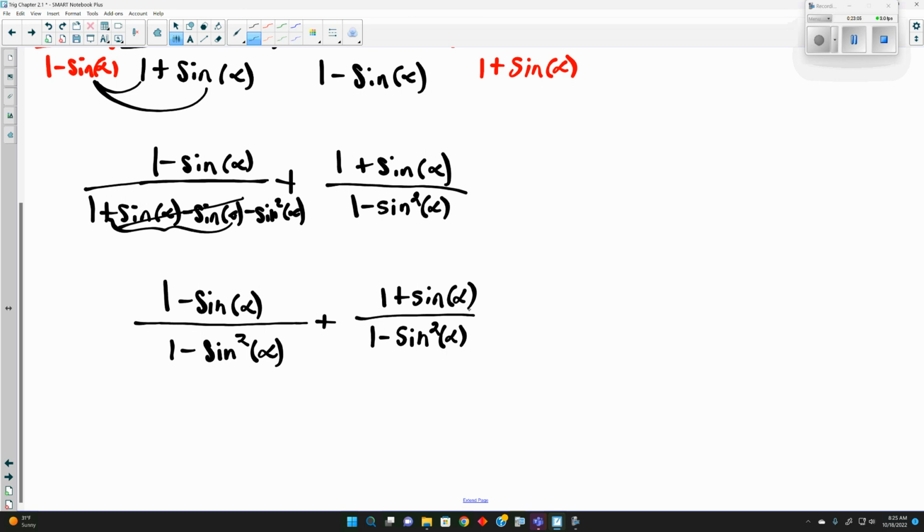And really, if you notice that it is a difference of perfect squares, whenever we multiply a difference of perfect squares, it's the first term squared times the second term squared. 1 squared is 1, sine squared is sine squared, and we subtract.